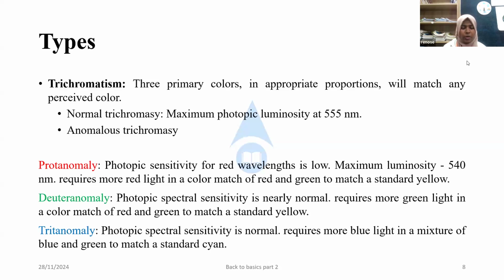Anomalous trichromacy: protanomaly, photopic sensitivity for red wavelengths is low, maximum luminosity at 540 nanometers; requires more red light in a color match of red and green to match a standard yellow. Deuteranomaly, photopic spectral sensitivity nearly normal; requires more green light in a color match of red and green to match the standard yellow. Tritanomaly, photopic spectral sensitivity is normal; requires more blue light in the mixture of blue and green to match the standard cyan.